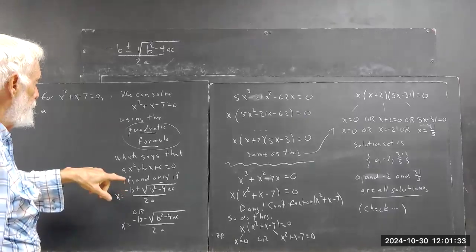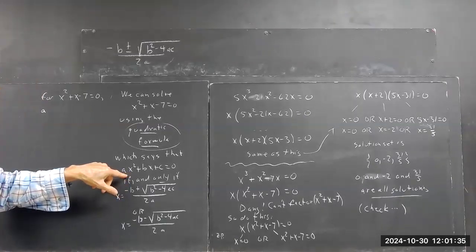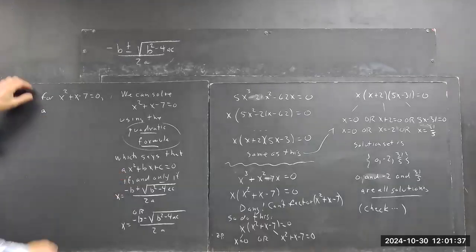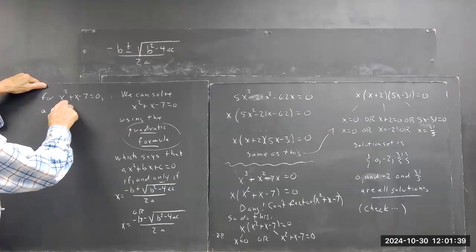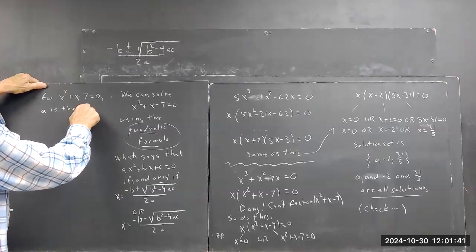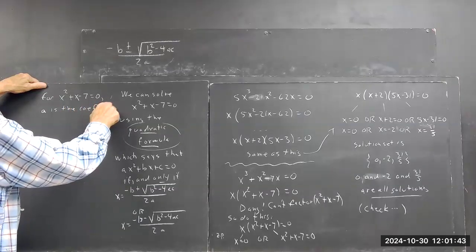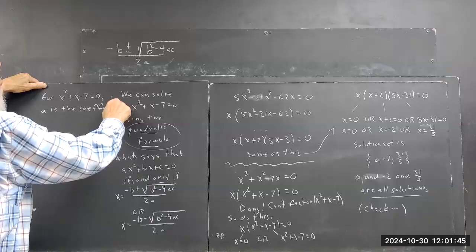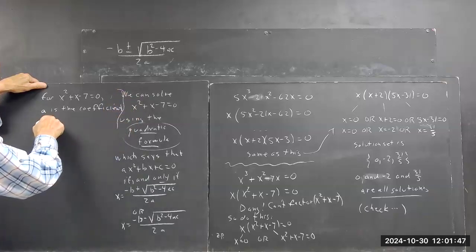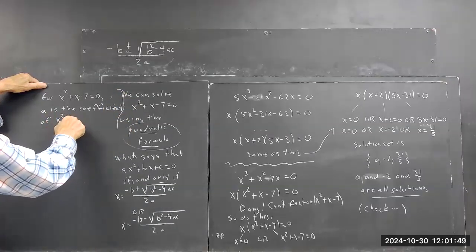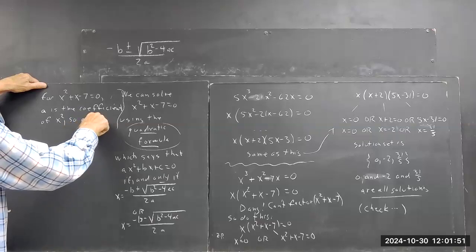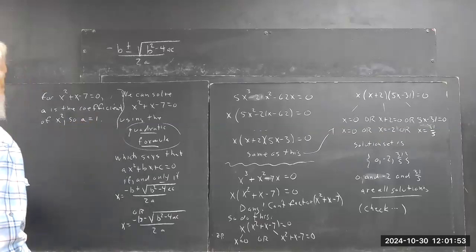A is the coefficient of x squared. A equals 1.